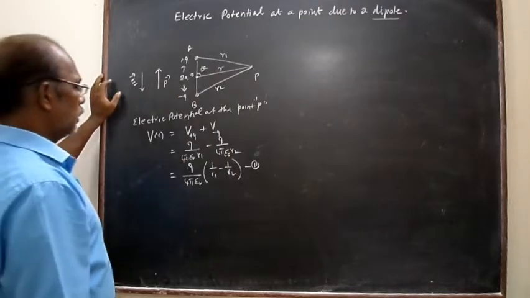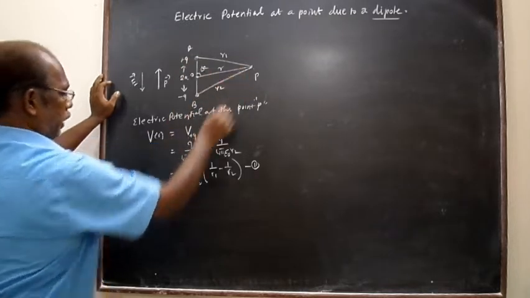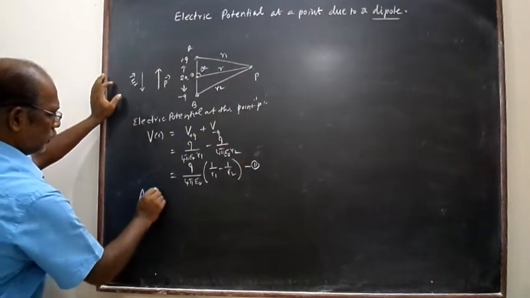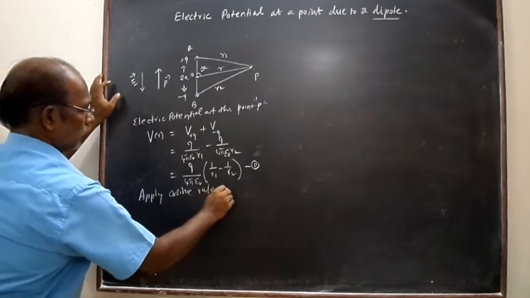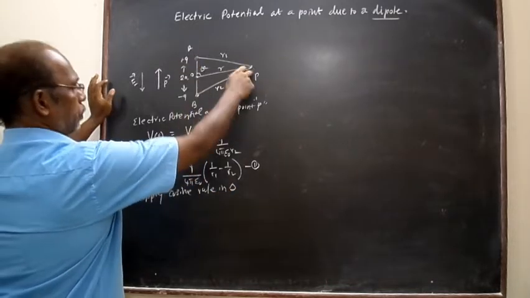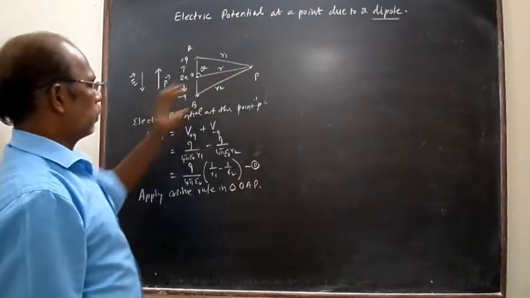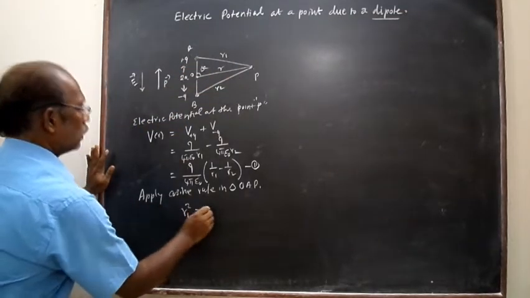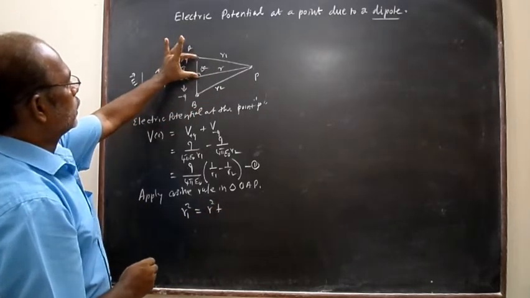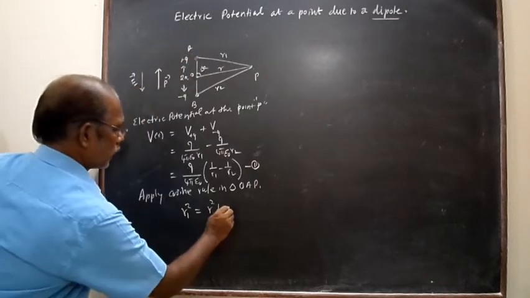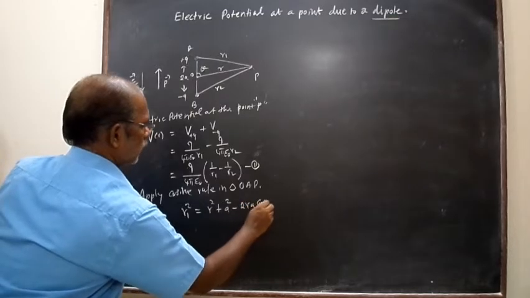Okay, listen. Applying cosine rule in the triangle OAP, R1 square is R square plus the semi distance A square minus 2 R A cos theta, as the total distance is 2A.